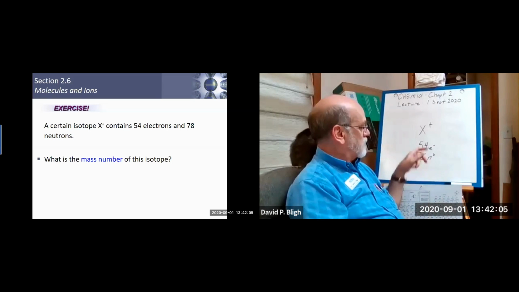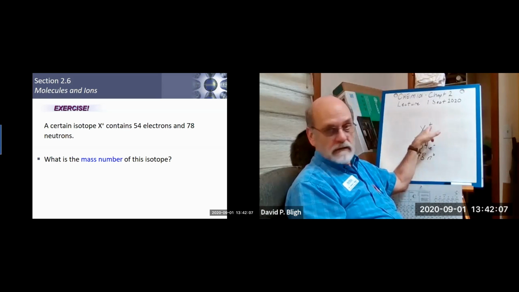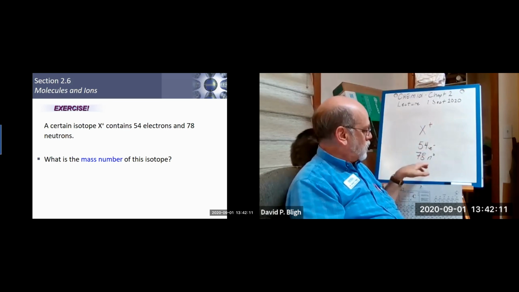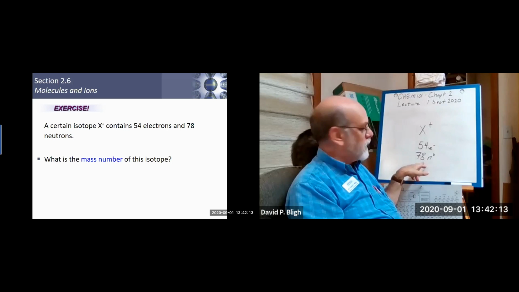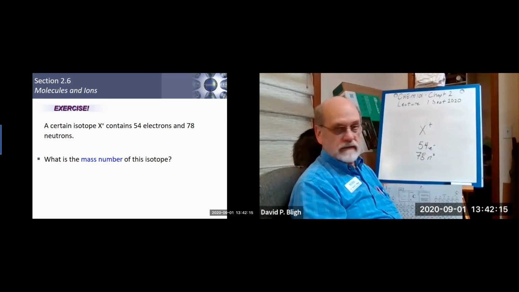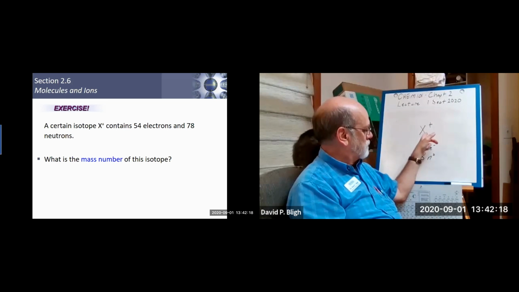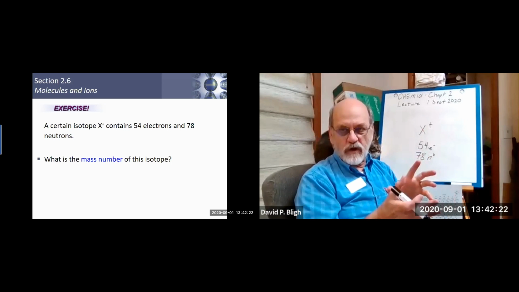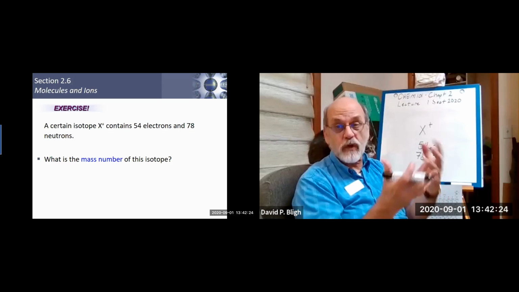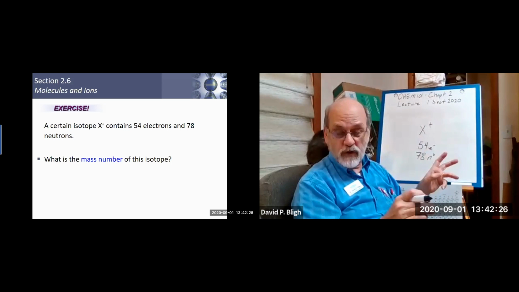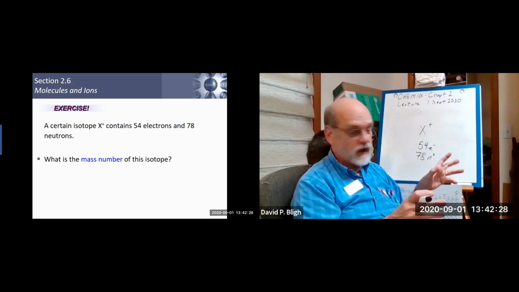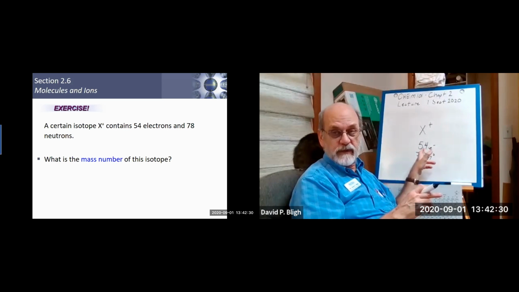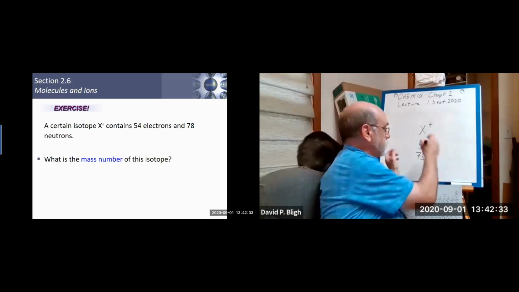Well, notice that it's an ion. So we need to find out how many protons are represented by that ion. How do we get a positive charge out of an ion? We have an extra proton, one extra proton more than electrons. So if we have 54 electrons, that means we need 55 protons, right?